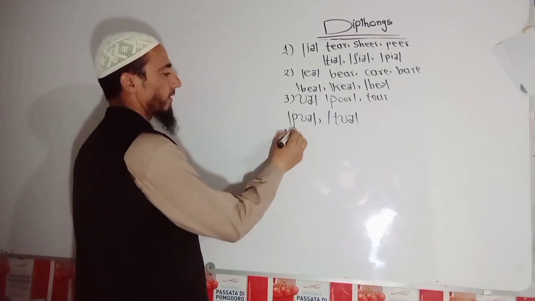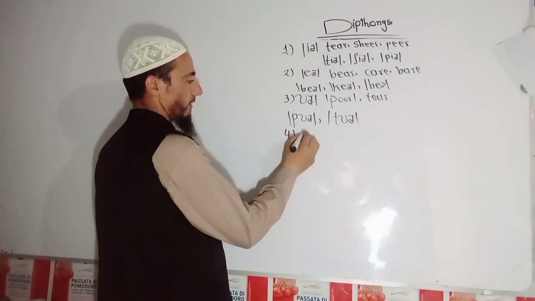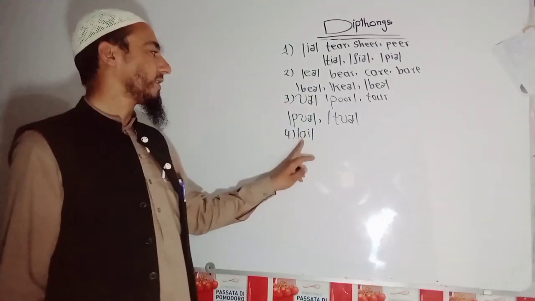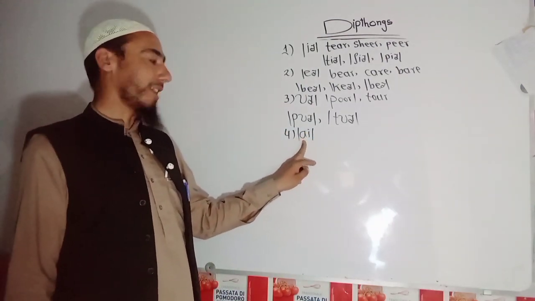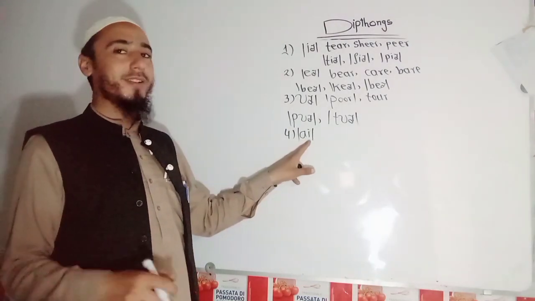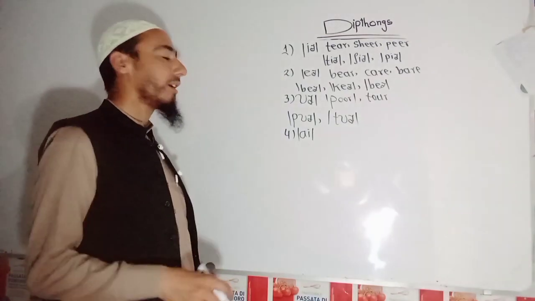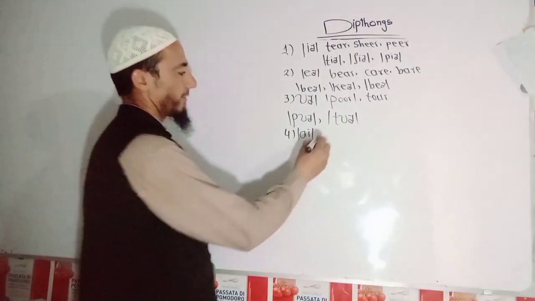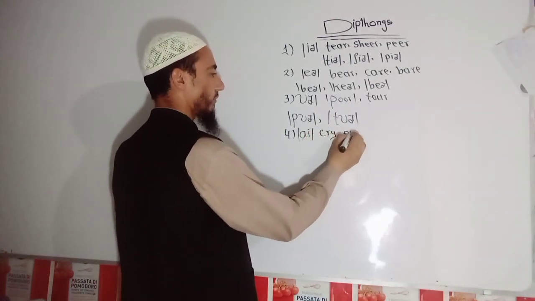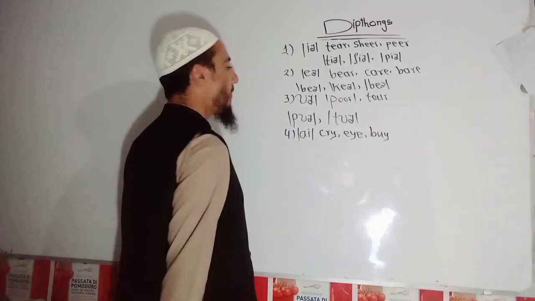listeners and audience, then we have another diphthong. You see, the starting sound is the short vowel, the A sound, and the next one is the e sound. So the combination of these two produces the I sound. For example, cry, I, and buy.